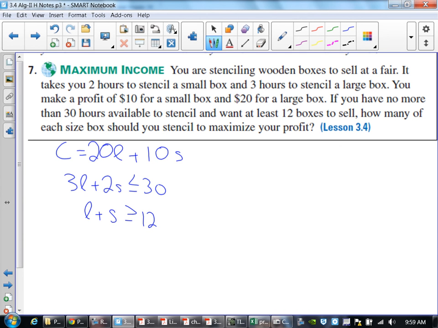Notice what happens here on that second constraint that I threw up there. It said you wanted to sell at least 12, which means you can sell more than 12. So I switched my inequality on that. First quadrant problem, obviously.